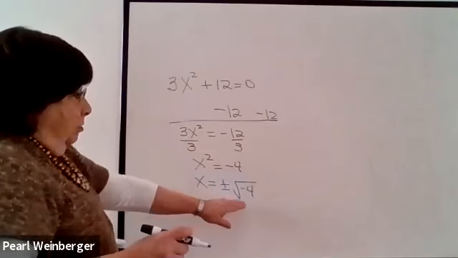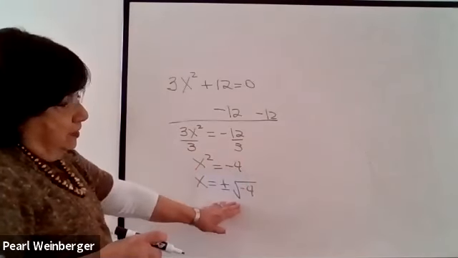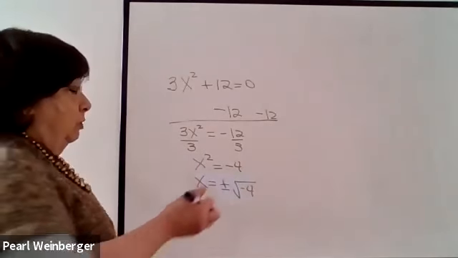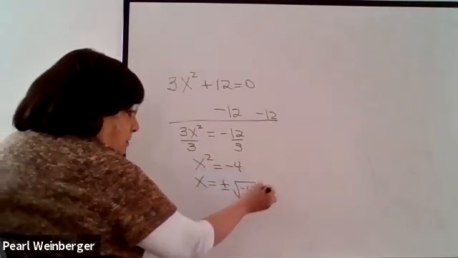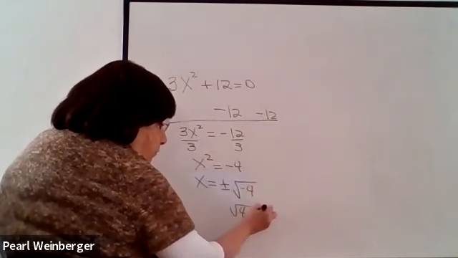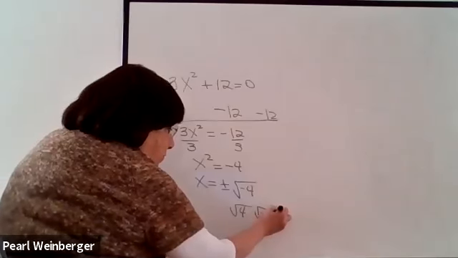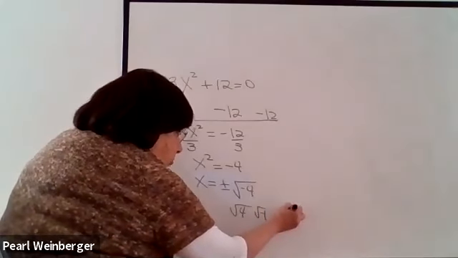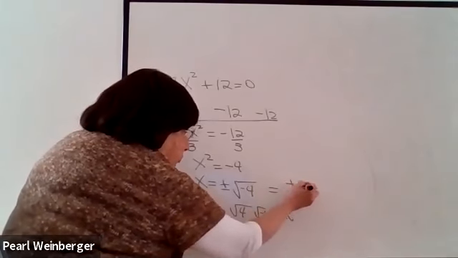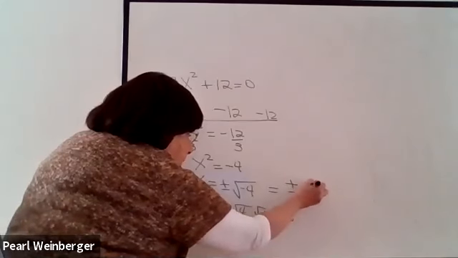And the only thing that's left to do is to see if we can simplify this radical. And of course, this is the square root of 4 times the square root of negative 1, which gives us 2i. So my final answer becomes plus or minus 2i.